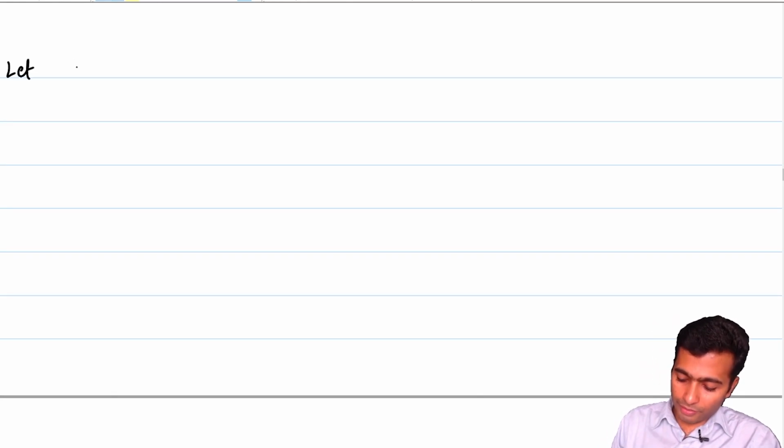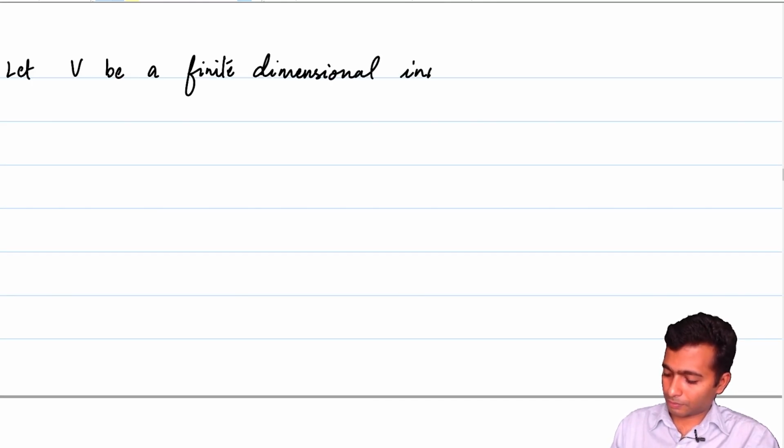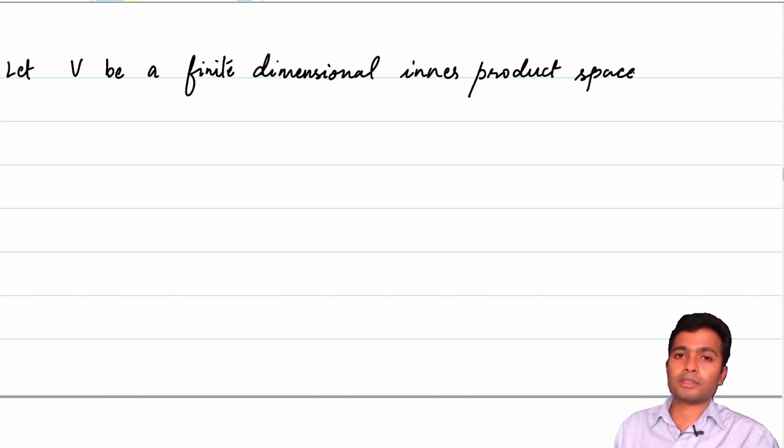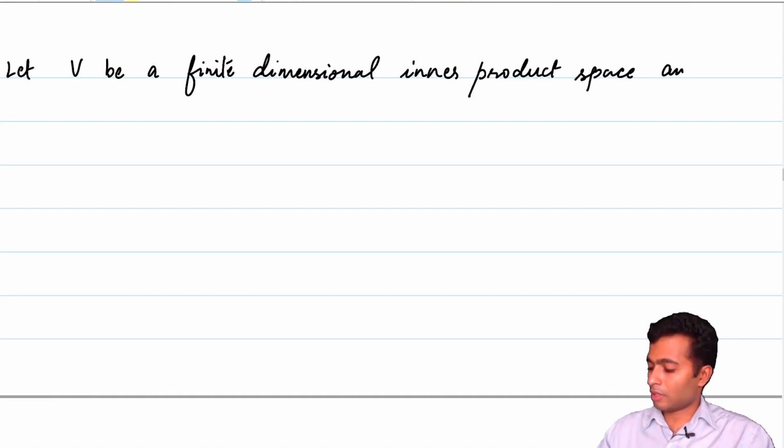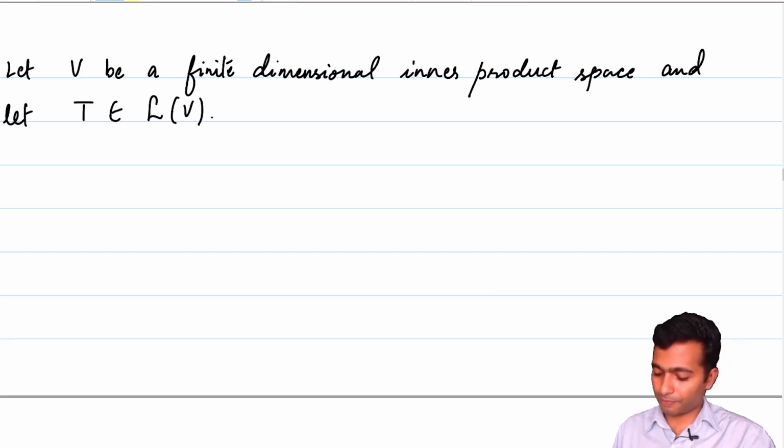So let V be a finite dimensional inner product space, and let T from V to itself be a linear operator, and let T be in L of V, a linear transformation from V to itself.